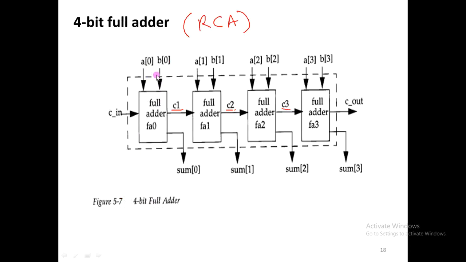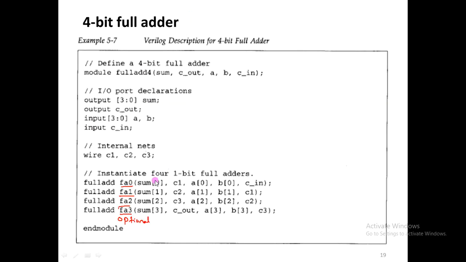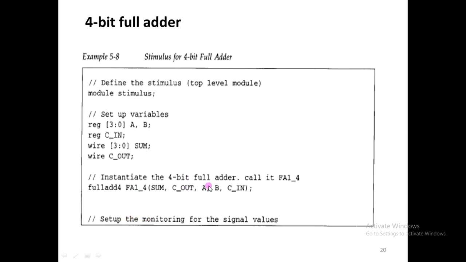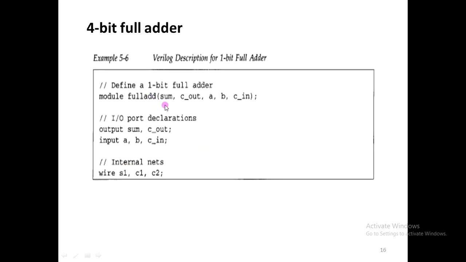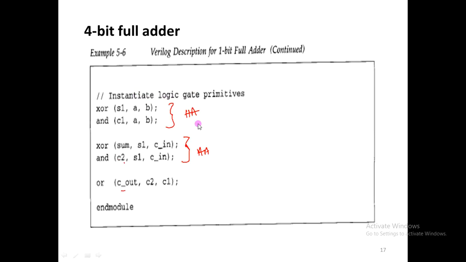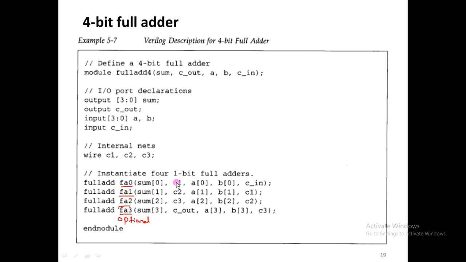A is connected to A naught, B to B naught, and C in to C in. Sum output is sum 0, carry output is C1. Sum 0, C1 are outputs, A naught, B naught, C in. So this order should be matched because in the 1-bit full adder, it is sum, C out, A, B, C in. That order I'm matching here.